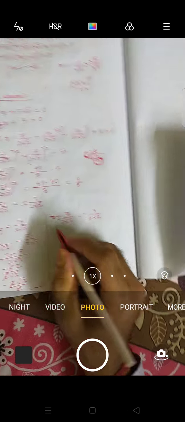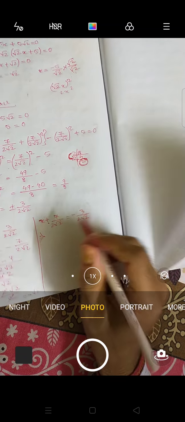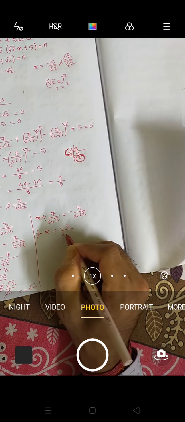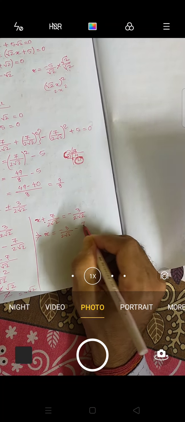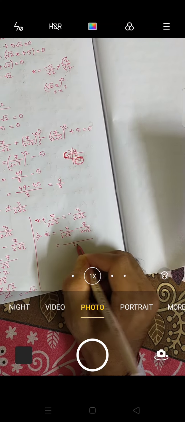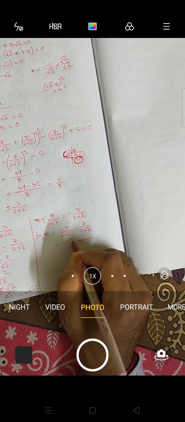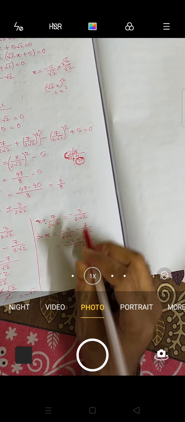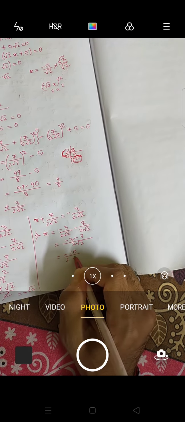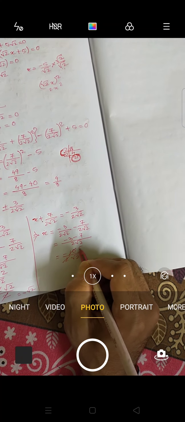And here, RHS, that means other side, x is equal to minus 3 by 2 root 2 minus 7 by 2 root 2. So this will become 2 root 2, and this will be minus 3 minus 7, minus 10 by 2 root 2. This will be cancelled, we will be having 5.